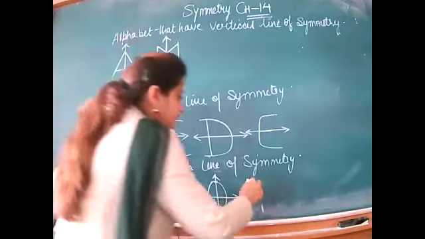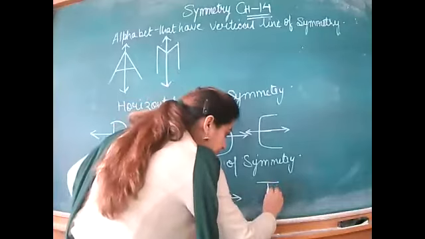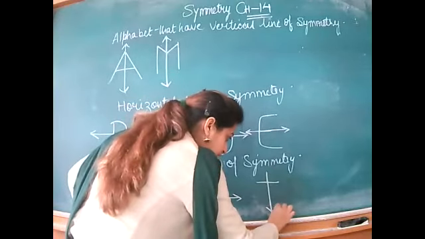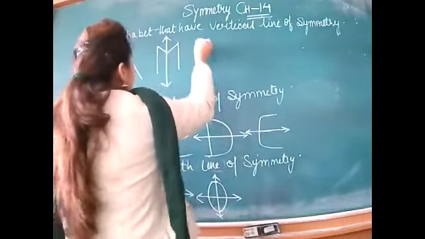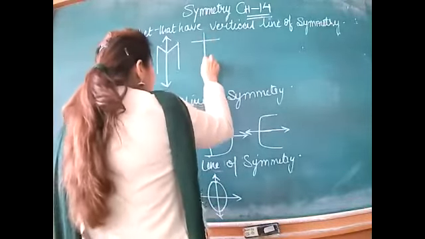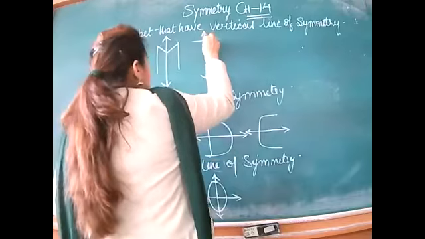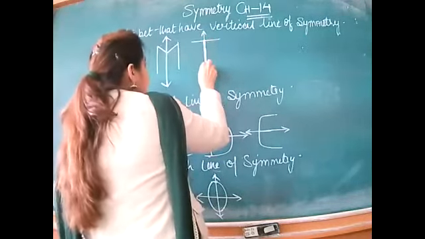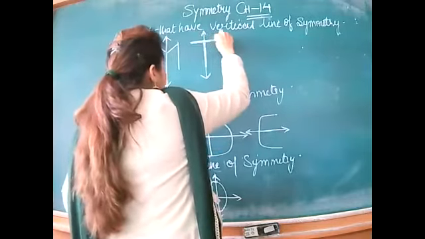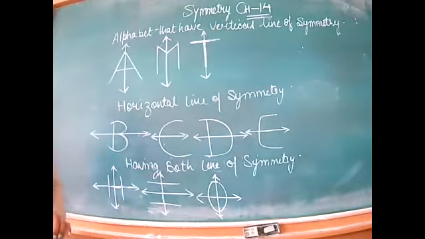T has both lines of symmetry, vertical. Okay, T has only vertical line of symmetry. This is your T, up to here. It has only vertical line of symmetry.